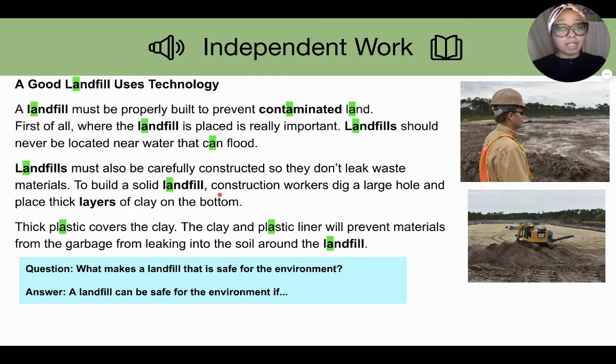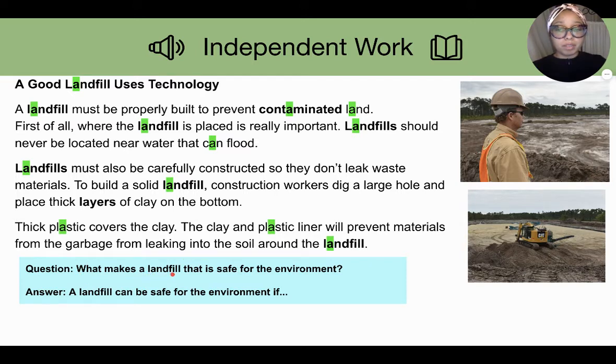To build a solid landfill, construction workers dig a large hole and place thick layers of clay on the bottom. Thick plastic covers the clay. The clay and plastic liner will prevent materials from the garbage from leaking into the soil around the landfill.